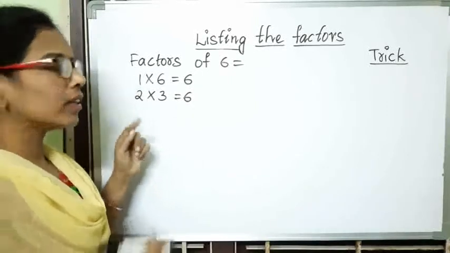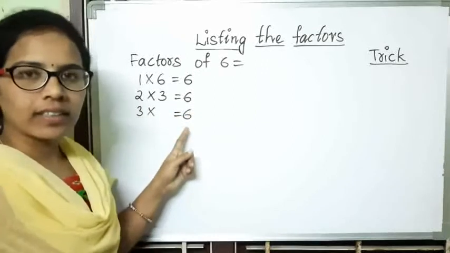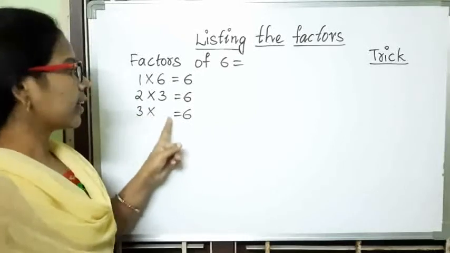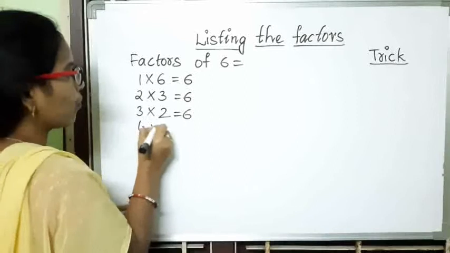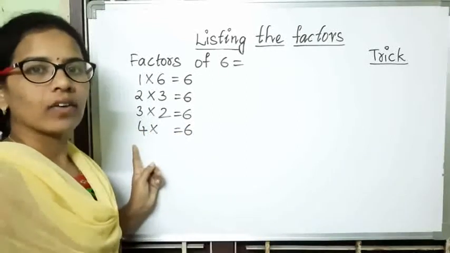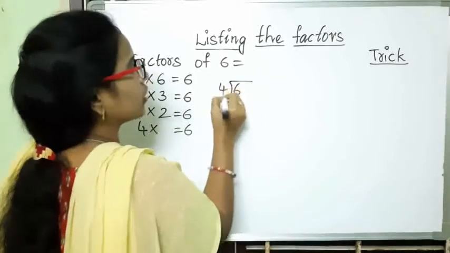Let's take number 3. 6 comes in the table of 3. That means 3 divides 6. 3 times 2 equals 6. Let's take number 4. 6 doesn't come in the table of 4. We can also check by doing division.